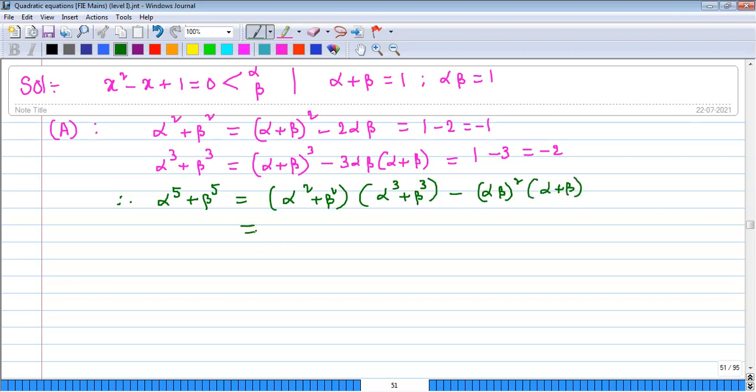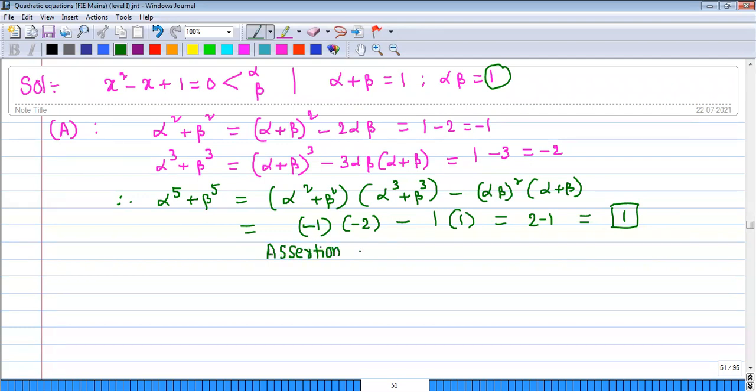Let us substitute the values: minus 1 multiplied by minus 2, and minus alpha beta square, which is 1 square, into alpha plus beta, which is 1. That is 2 minus 1, which is 1. So the assertion is true.